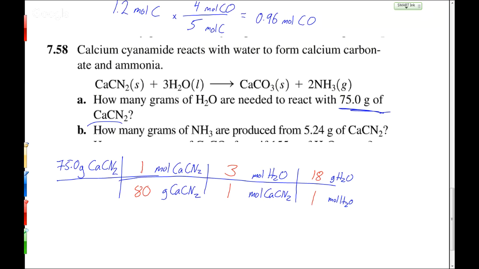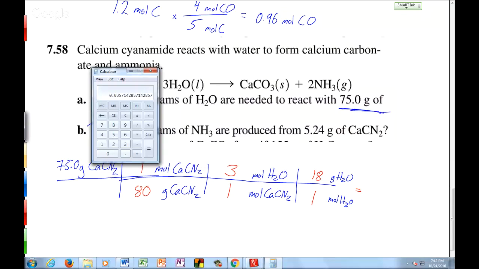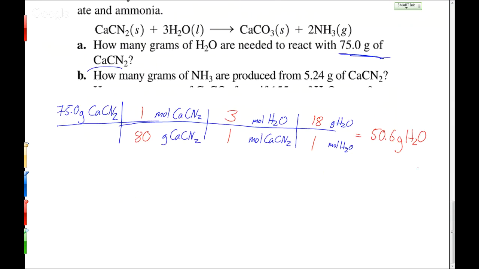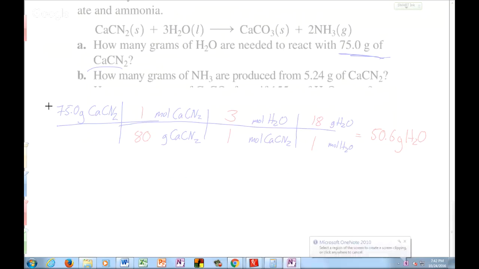So we're going to go from grams of CaCN2, just like any other conversion. We cancel on the opposite side to moles. Then moles of one to moles of the other, which in this case is water. And finally, moles of water to grams of water. All right, we put in the numbers.